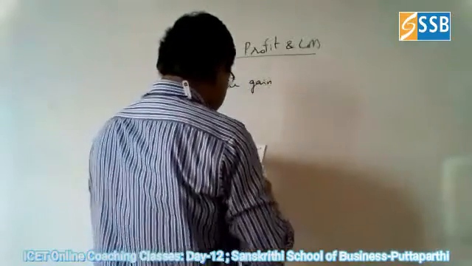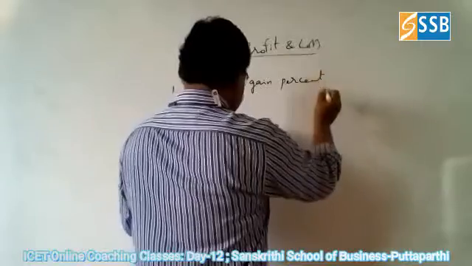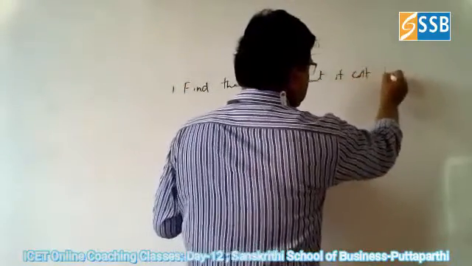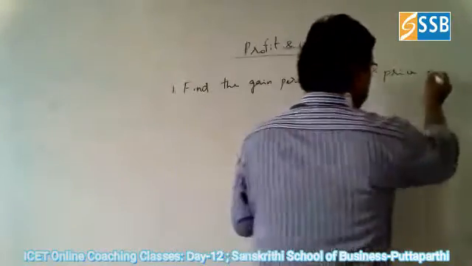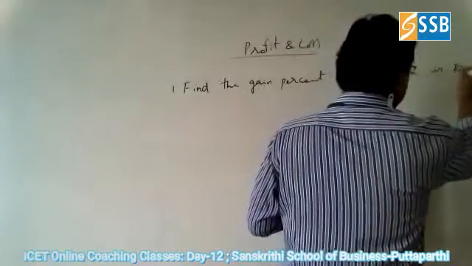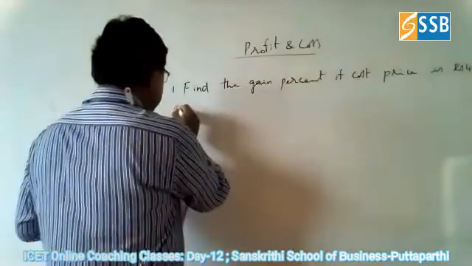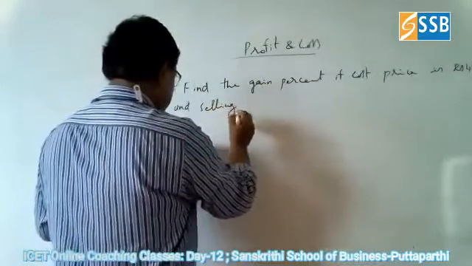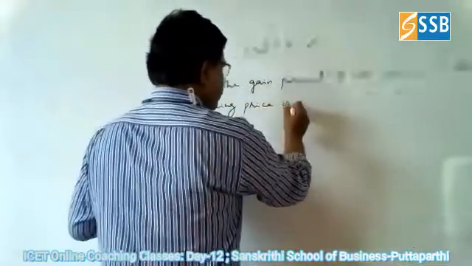So find the gain percent if cost price is rupees 400 and selling price is rupees 500.